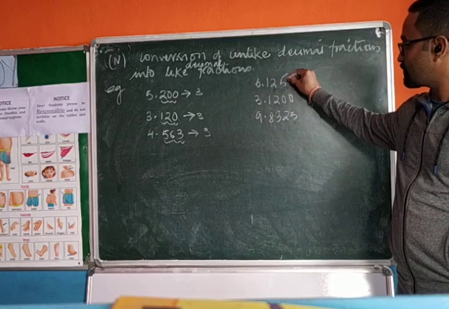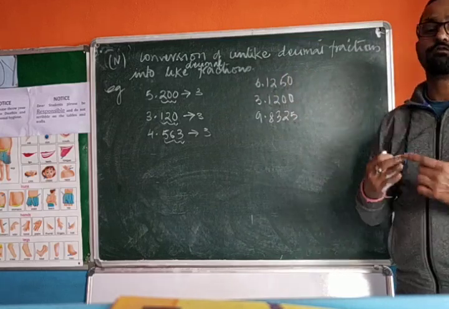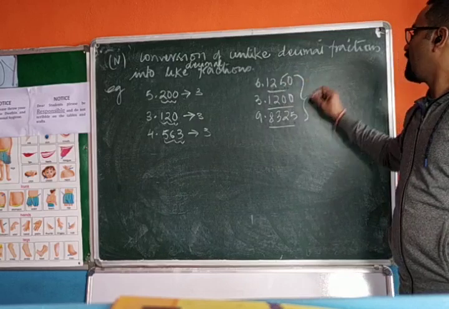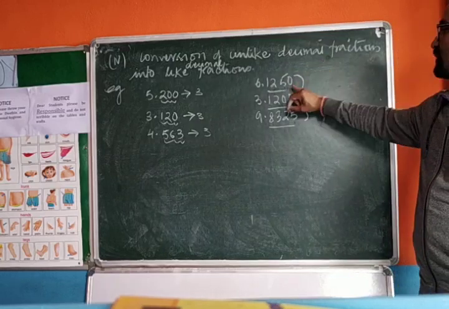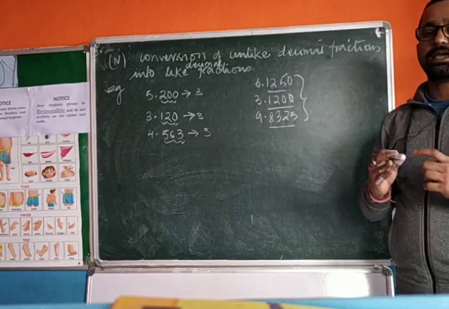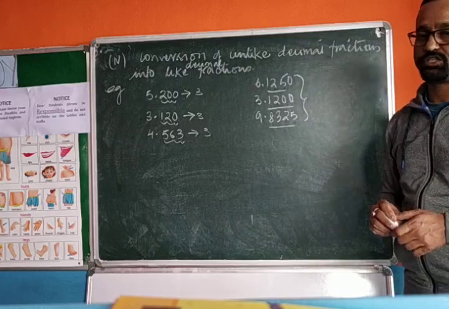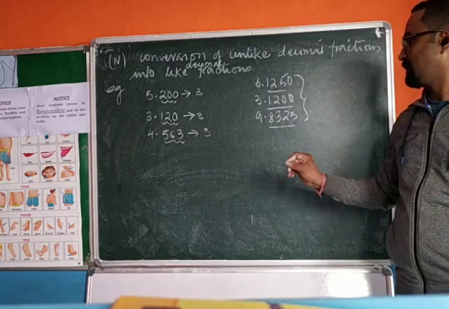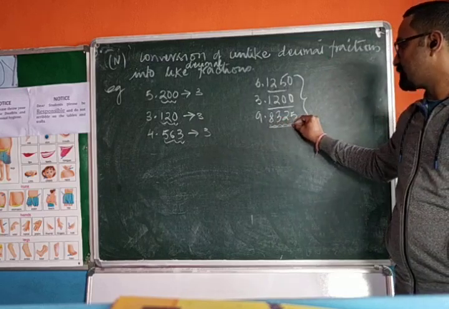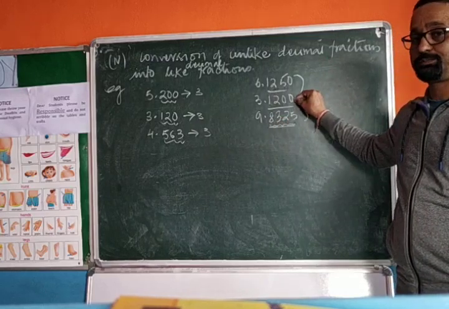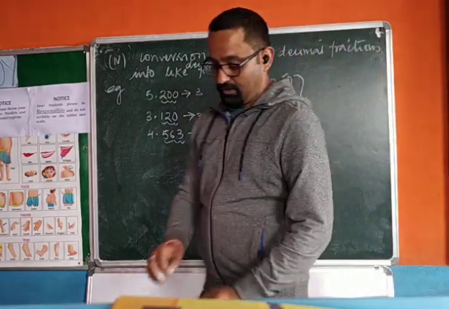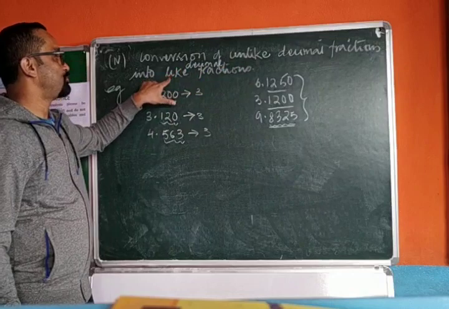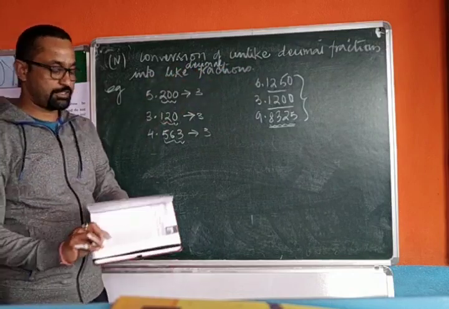You have 3, so you put 0 to make it 4 places. 4 places, 4 places, 4 places. How does an unlike decimal fraction get converted to like decimal fractions? It's very simple. You just need to put zeros such that the number of digits after the decimal becomes equal. So this is conversion of unlike decimal fractions into like decimal fractions.